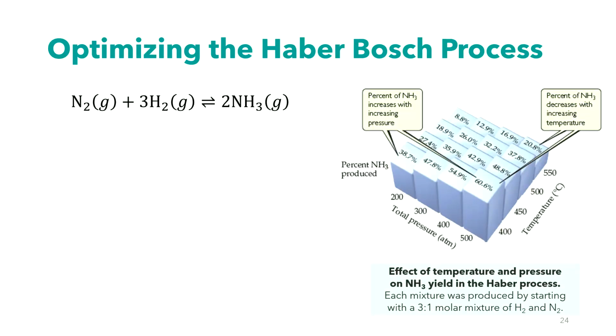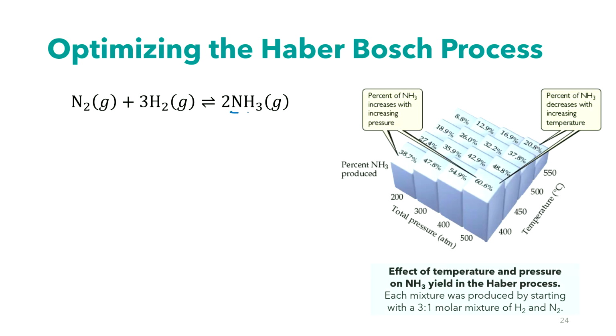The reason we talk so much in this chapter about the Haber-Bosch process is because this was optimized using these principles of equilibrium. It was really important that we take N2, which is all around us but we don't process. I don't use N2, I just breathe it in and then breathe it out.